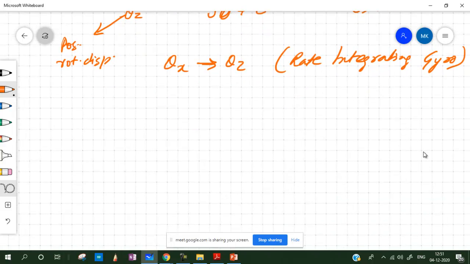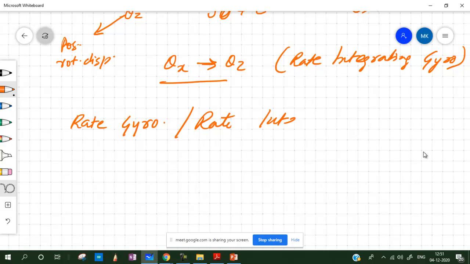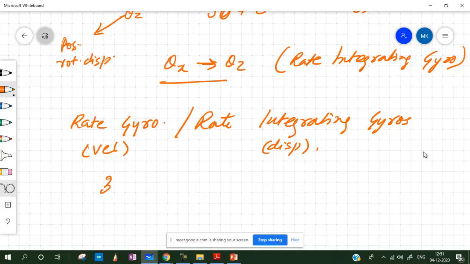Because of this we can measure only one. Whenever we use rate gyros or rate integrating gyros, we measure velocity in one and displacement in the other. So we have to make use of three and three.